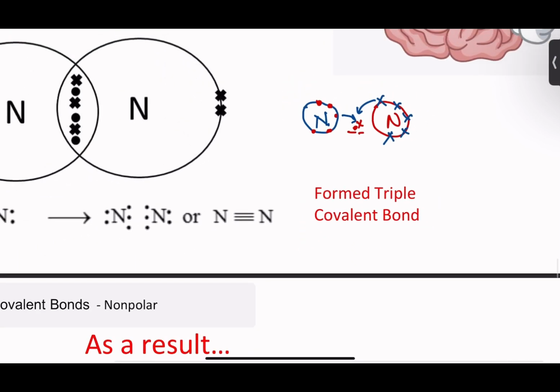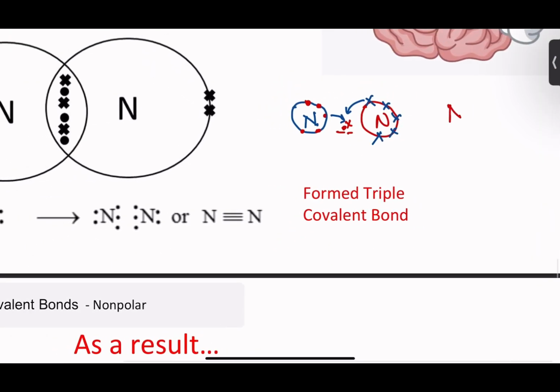I'm going to prove how. So I have nitrogen, right? And then this nitrogen. This is one, and this is the other one.